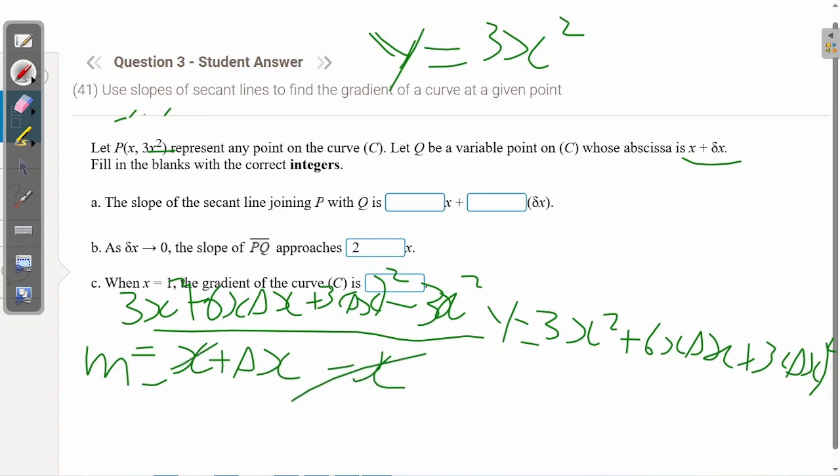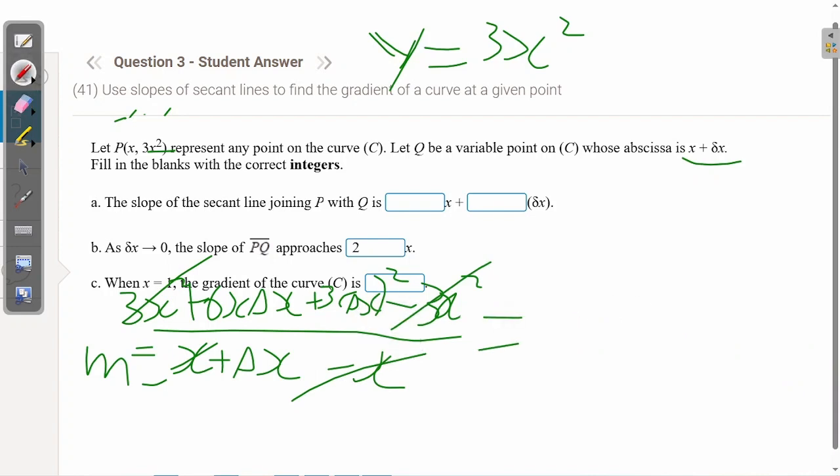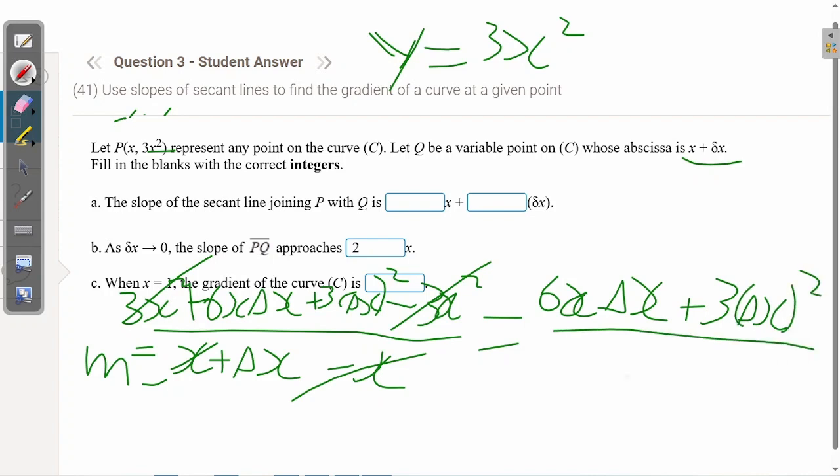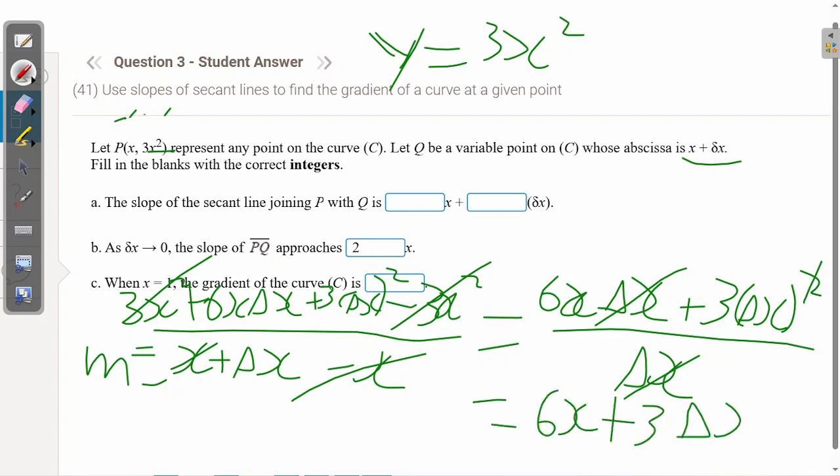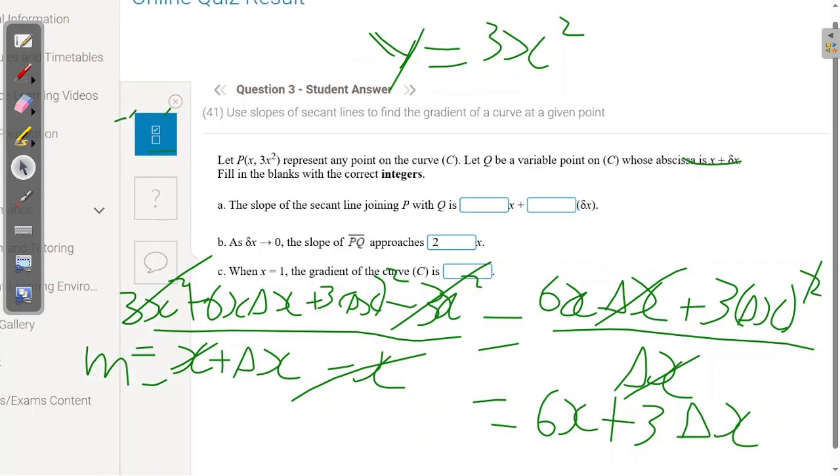These two will cancel, these two will cancel. You'll be left with (6xΔx + 3Δx²) all over Δx. So you can divide Δx from each one. So you'll be left with 6x + 3Δx. And that's the answer.